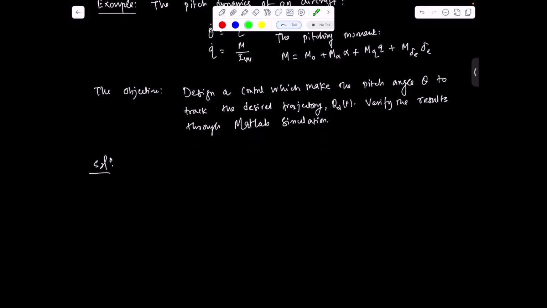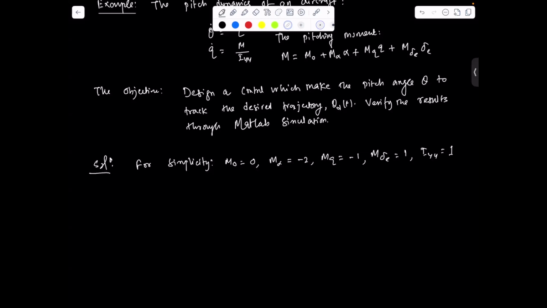For simplicity, let's assume M naught to be 0, the baseline moment coefficient, M alpha equal to -2, M q equal to -1, and M delta E equal to 1, and Iyy we assume to be 1 kg meter square. So this is the inertia value of the system.